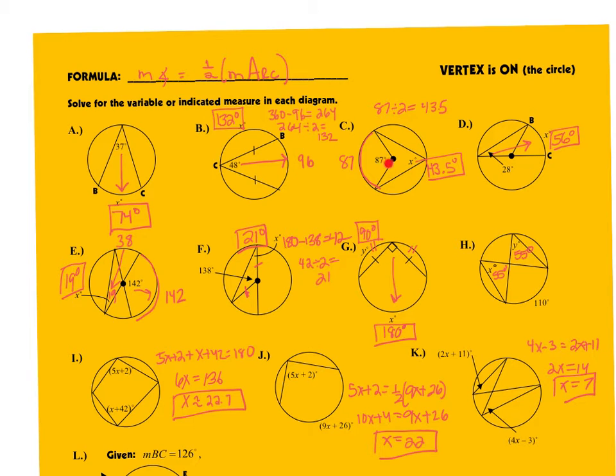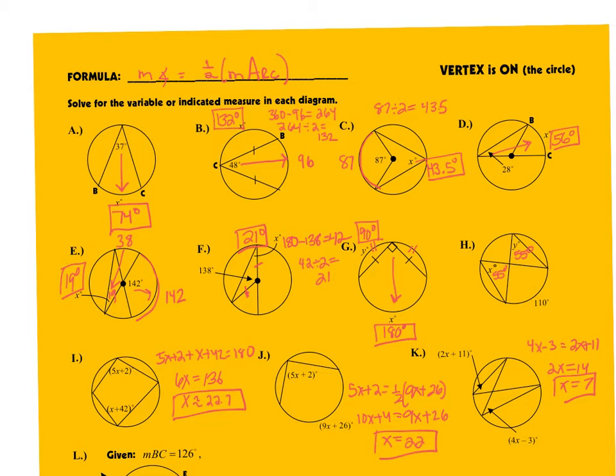If we look at what we have here, this was given to us as a central angle as 87. So that means that this arc here is 87. But then if you go back and project into that inscribed angle, we're going to take 87 and take half of it, and it's going to give us 43.5. In letter D, you can see that we are given the inscribed angle here is 28, and if we work our way out to this arc by doubling it, that's going to give us 56.